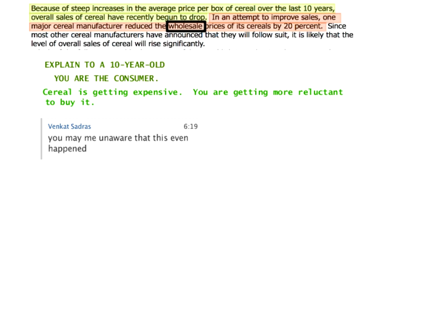You may be totally unaware that this even happens, right? You still have to read the words carefully, but you need to be like, aha, wholesale, does this mean anything to me as a consumer? No, it does not. So the store pays less for cereal. Since you are the consumer, you should look at those words and say, so what?